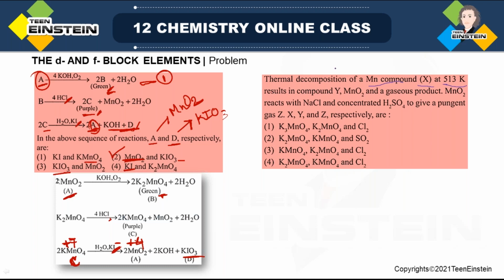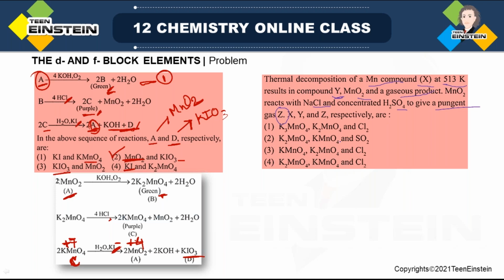Now, when you heat this compound X, you get Y, MnO2, and a gaseous product. So three things we are getting: Y plus MnO2 plus a gaseous product. Now MnO2 reacts with NaCl and concentrated H2SO4 to give a pungent gas Z. We have to find out X, Y and Z respectively.